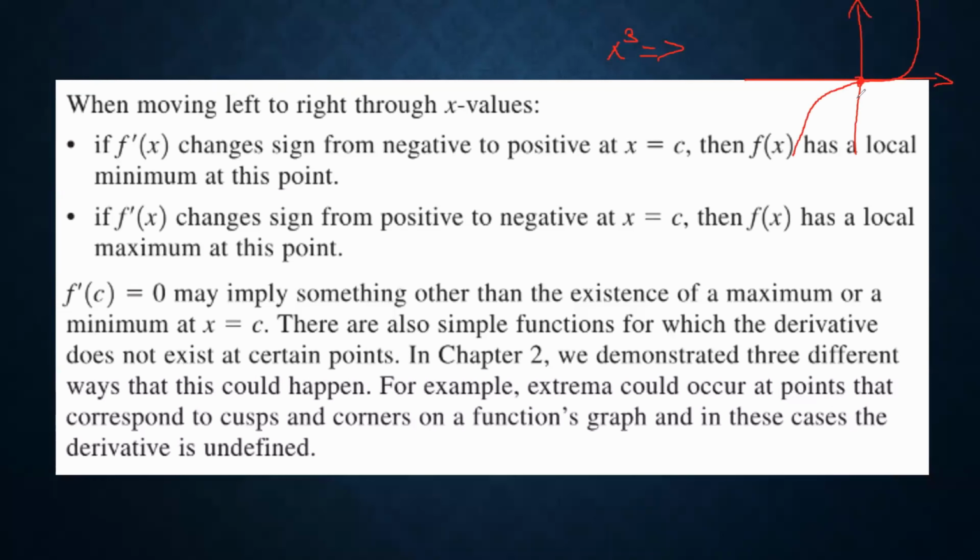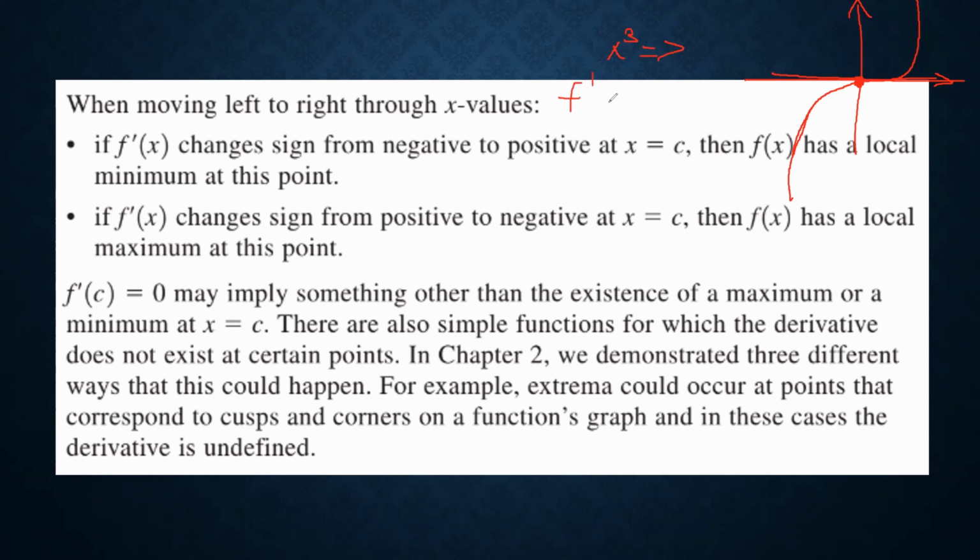For all negative values of x, it's decreasing, and for all positive values of x, it's increasing. First of all, you can see that at the point where my function passes through 0, 0, it is going to have a horizontal tangent line. Let's show that, okay?